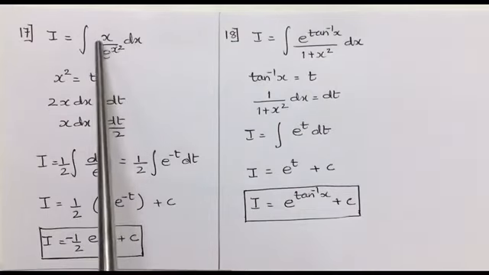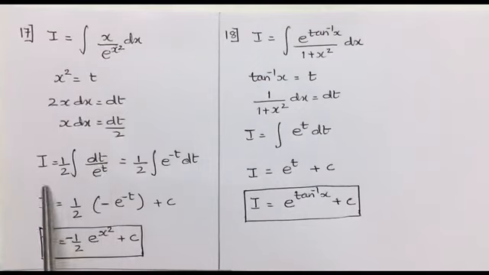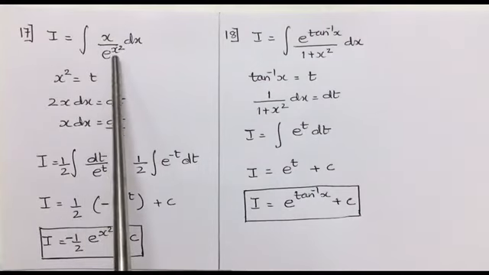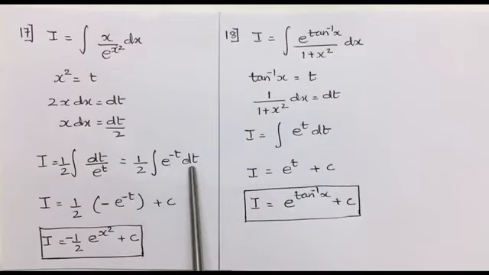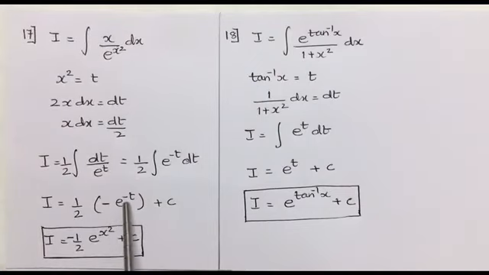Now keeping the value of x dx as dt by 2, and in the place of x square keeping t, we get half integration dt upon e raised to t. E raised to t in the denominator can be taken as e raised to minus t dt. Now e raised to minus t's integration is e raised to minus t, and this minus sign is written as the coefficient of t, that is negative.